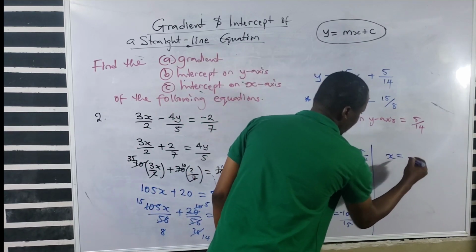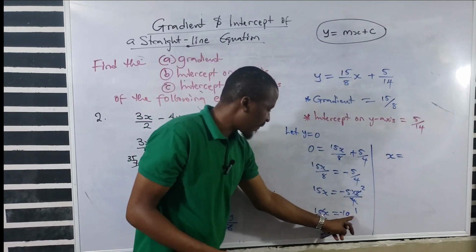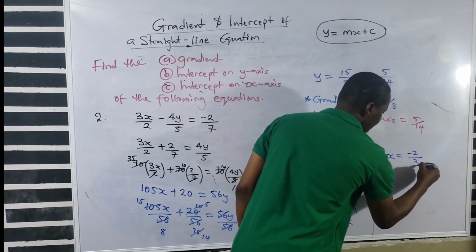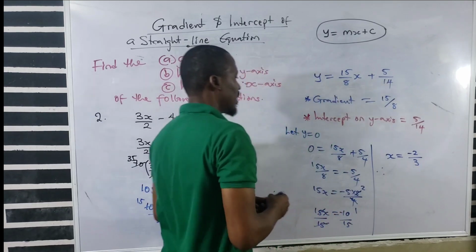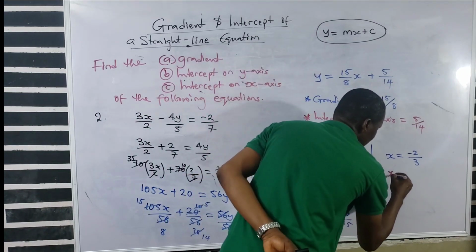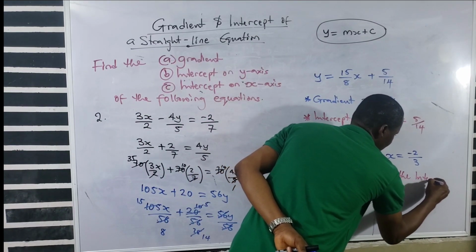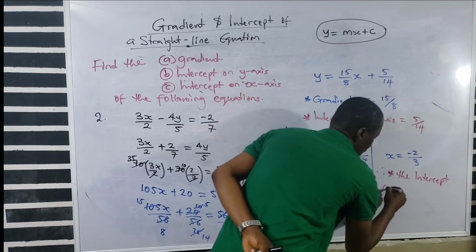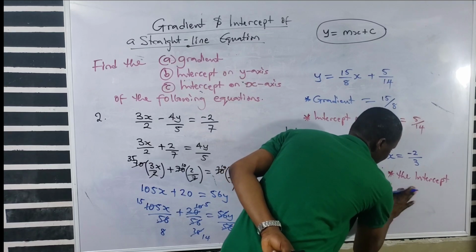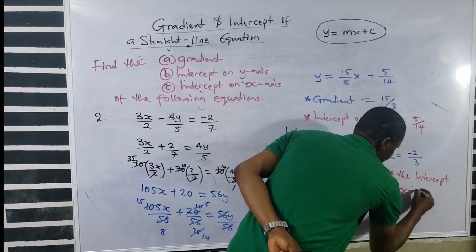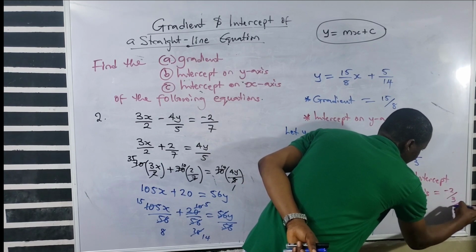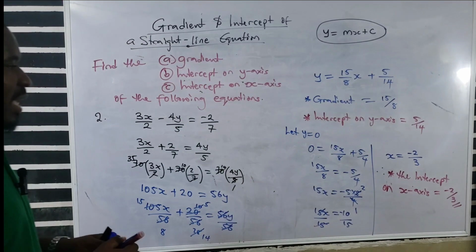I'll have x equal to, 5 here gives 2, 5 here gives 3, so that will give us minus 2 over 3. Therefore, the intercept on the x-axis, not the y-axis, is equal to minus 2 over 3. So that's our answer there.